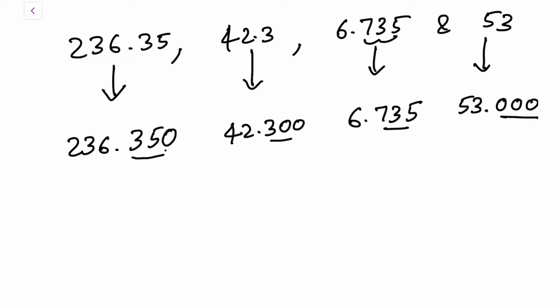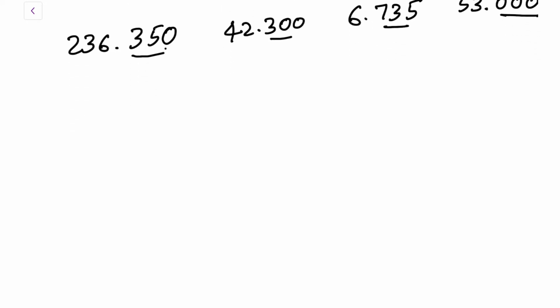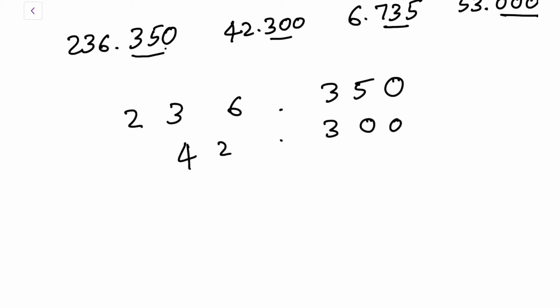Alright, now the next step is to just write the decimals one below the other and start adding from the extreme right, just like how you do for the whole numbers, we have to do for the decimals. So just write down the decimals one below the other. That means 236.350 and then 42.300, 6.735.